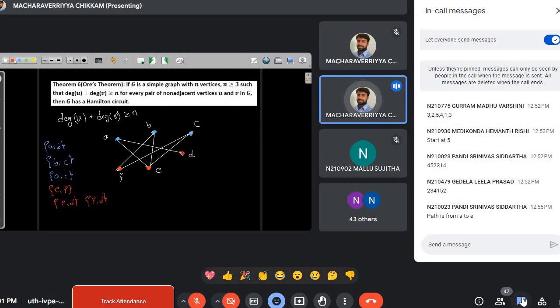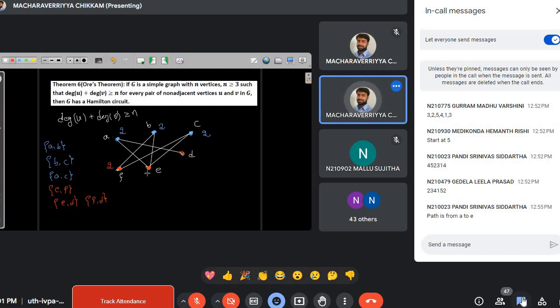So is this graph satisfying the hypothesis of the theorem? For that, I need to see the degree of A plus the degree of B. Let me write the degrees here. A degree is 2, B degree is 2, C degree is 2. It's not satisfying the hypothesis of the theorem.